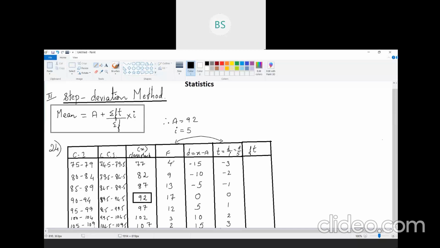So 4 into minus 3, minus 12. 9 into minus 2, minus 18. 13 into minus 1, that is minus 13. So this will be 0, 12, 6, and 6.